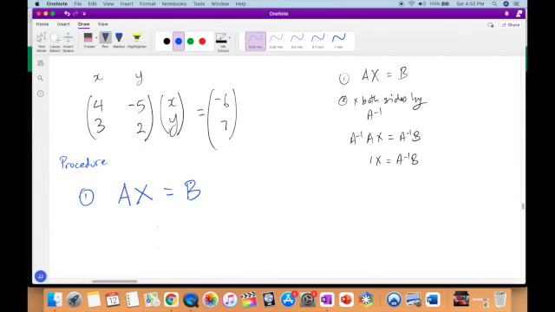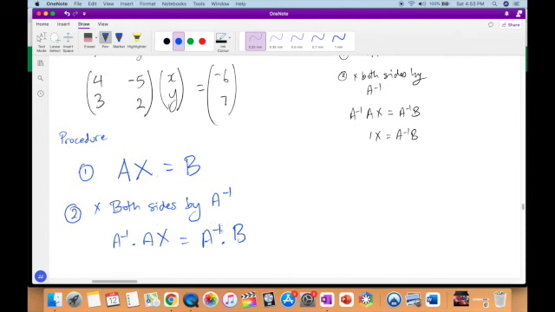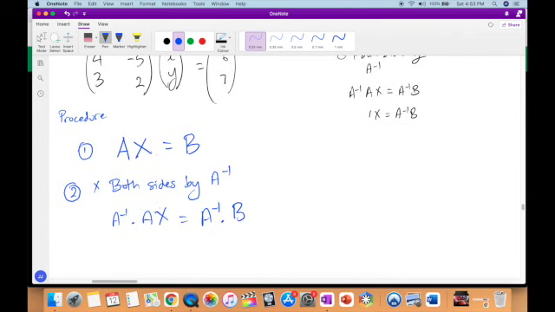Okay, right. So number 2, multiply both sides by A inverse. So you could see here that when I multiply A inverse times AX, it is equal to A inverse times B. I'll multiply both sides by A inverse.